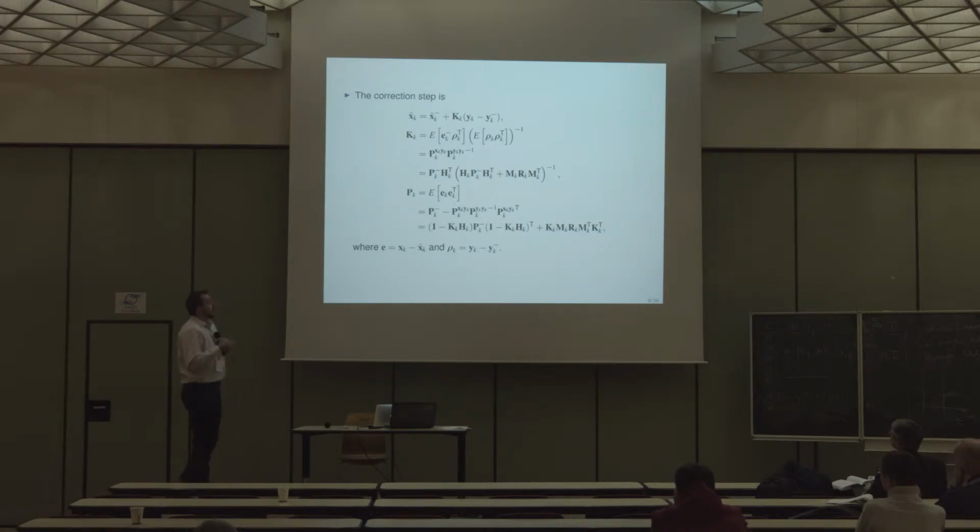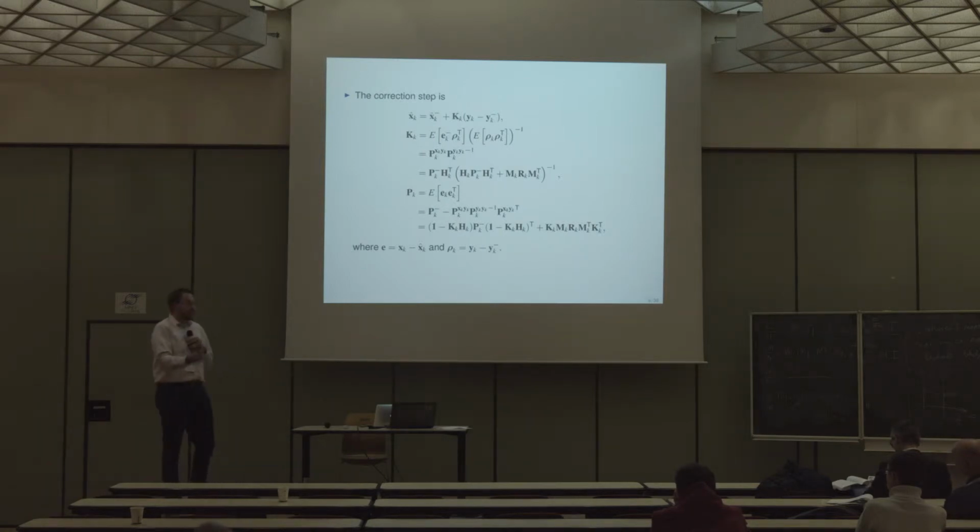Computing the Kalman gain in the linear sense just boils down to this, which is really just a cross covariance involving the predicted error and the innovation, as well as the covariance associated with the innovation. And then finally, I can get the covariance associated with my corrected state estimate, which is given here, and this statement just comes from this previous statement here. And all these can be derived in many different ways.